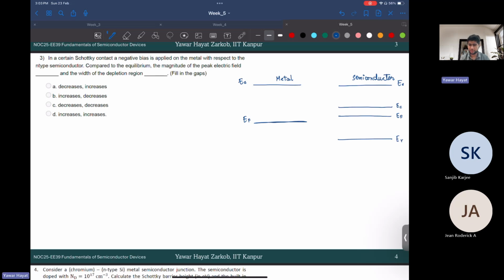Under equilibrium, when the metal and semiconductor are brought into contact, the Fermi level would be constant throughout. So this would be the Fermi level.